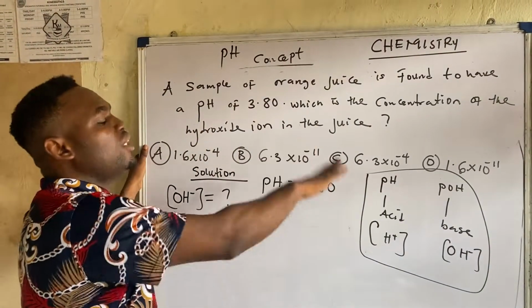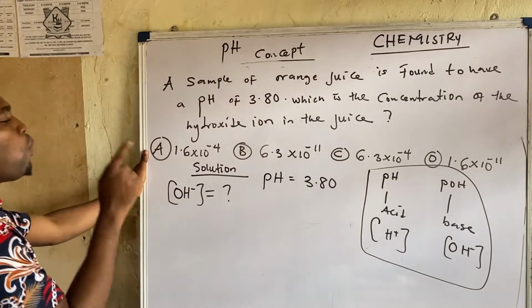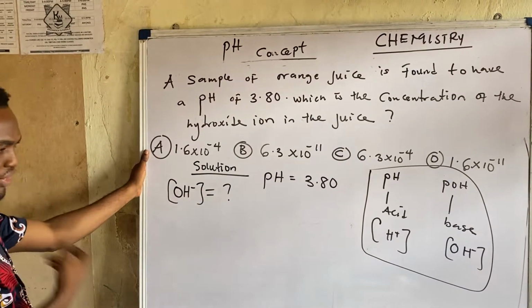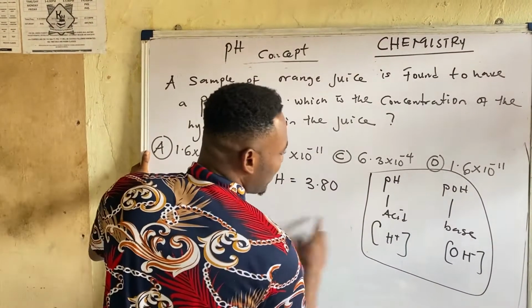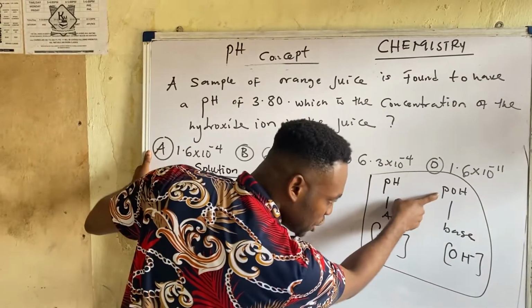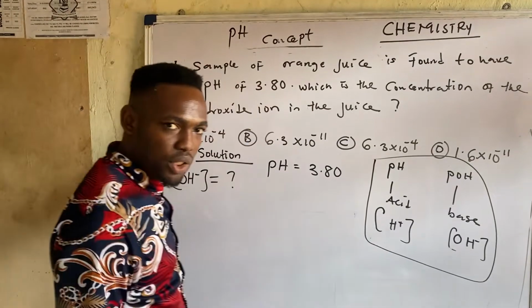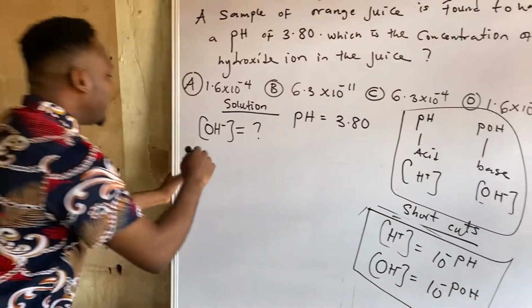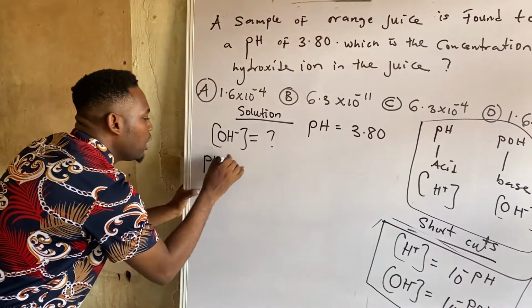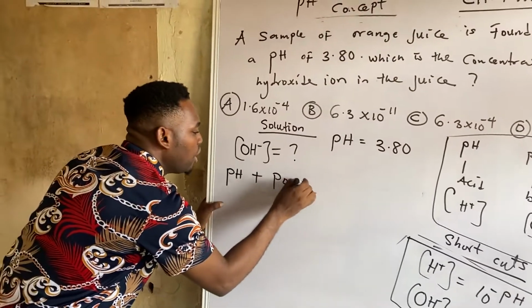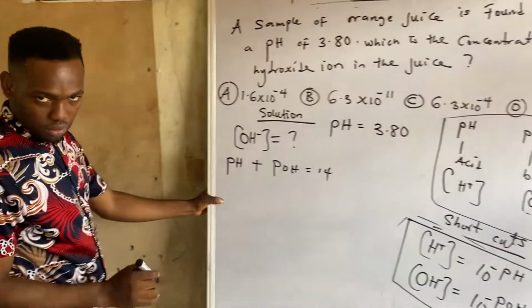There are two ways in which we can solve this question. One way of solving this question is by, first of all, getting pOH. Then when we get pOH, we use the pOH to get the OH minus. Recall that pH plus pOH will give us 14.